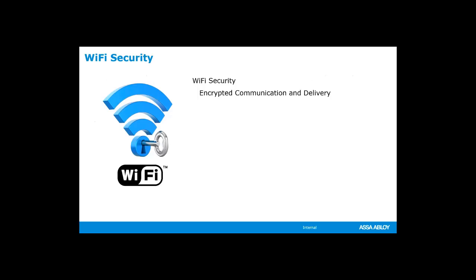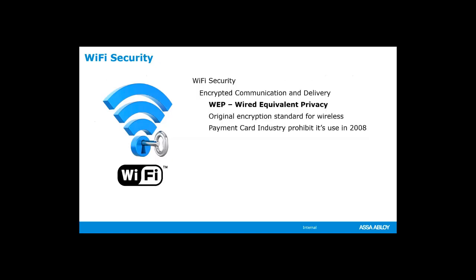Okay, let's talk about Wi-Fi security for a few minutes. Wi-Fi security: encrypted communication and delivery. WEP was the original security on Wi-Fi. WEP meant Wired Equivalent Privacy. This was the original encryption standard for wireless communication.